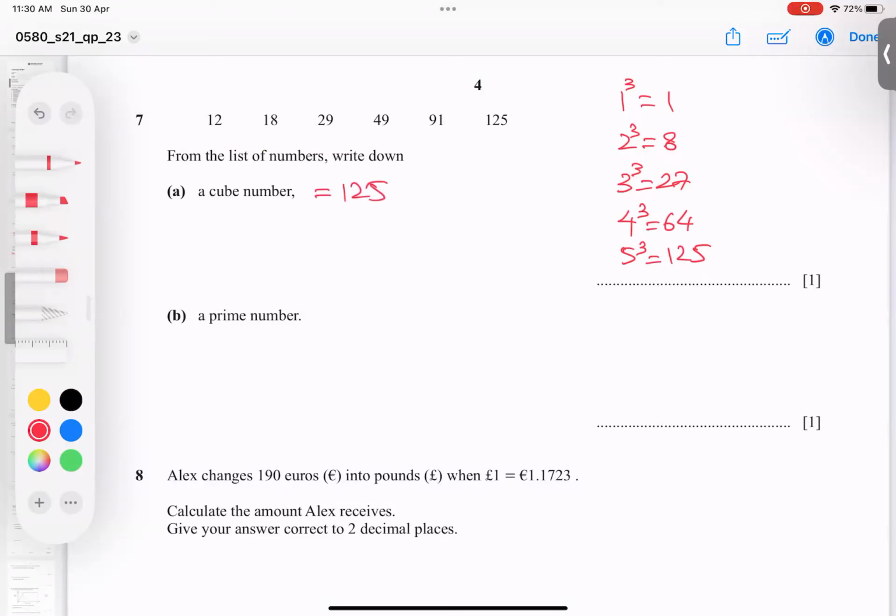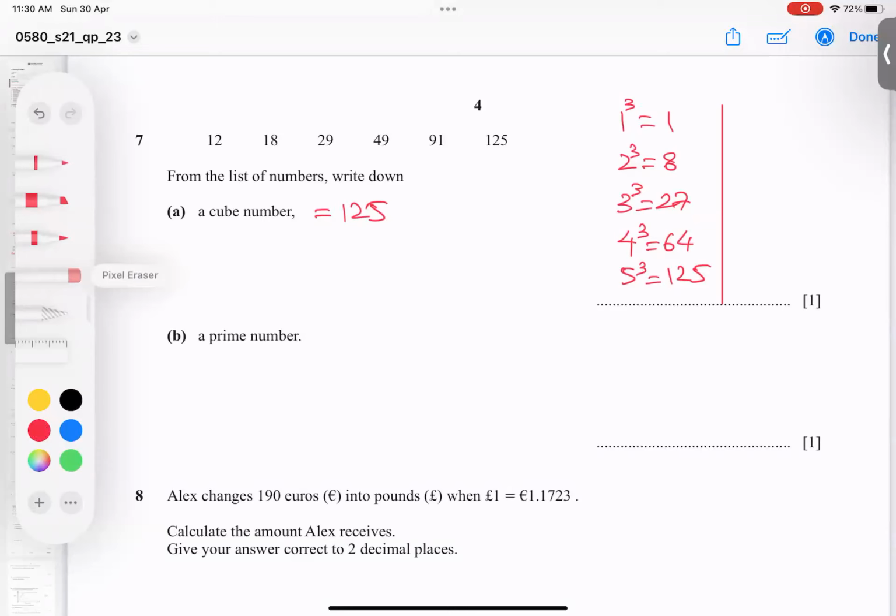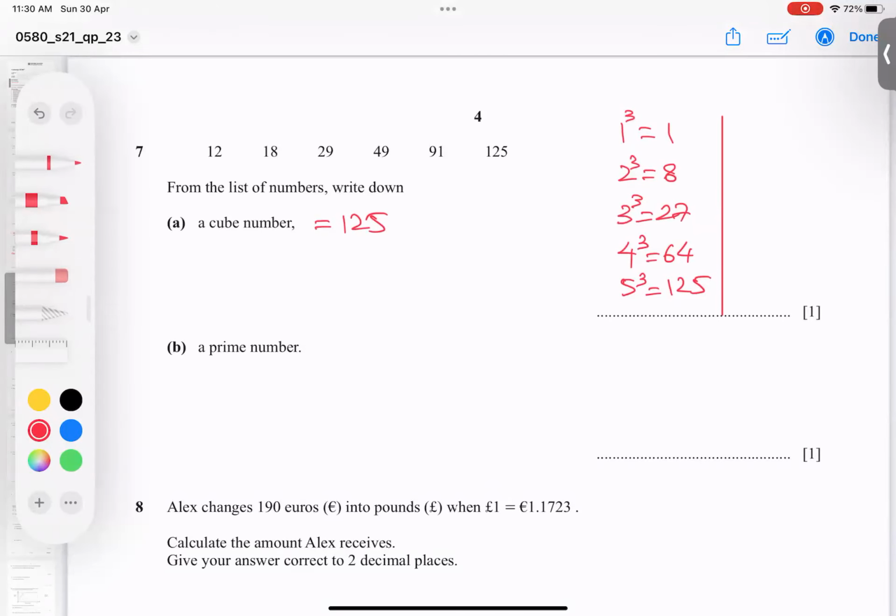After this, the next part: prime number. What is the definition of a prime number? You know it very well. A number that is divisible only by 1 and itself is called a prime number. And I tell you one thing: all even numbers are never prime. Numbers ending with 0, 2, 4, 6, and 8 are always even numbers.